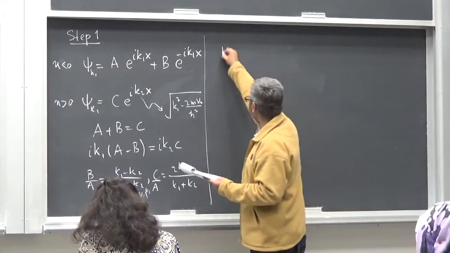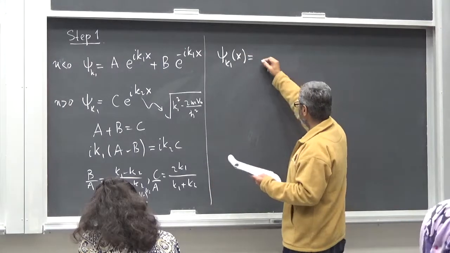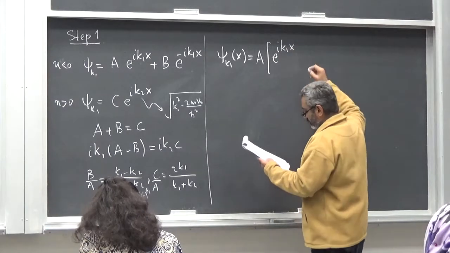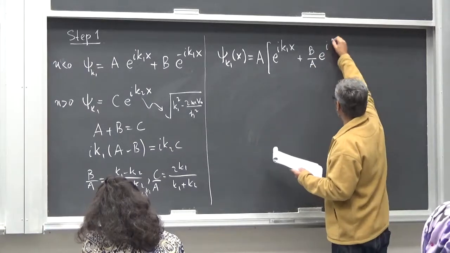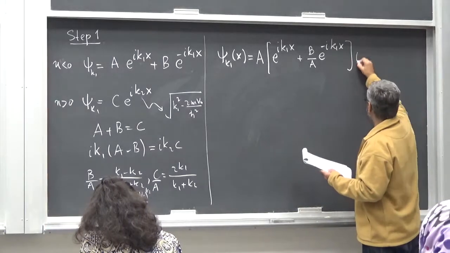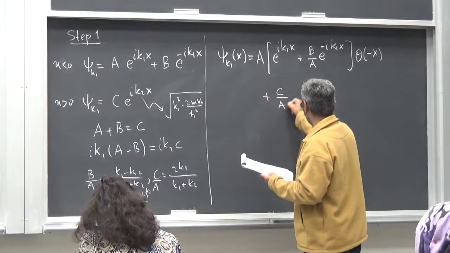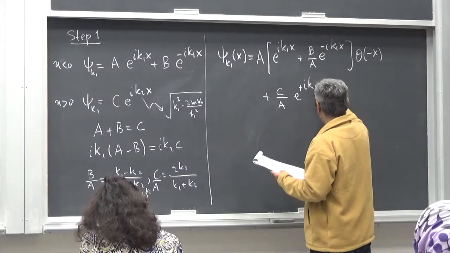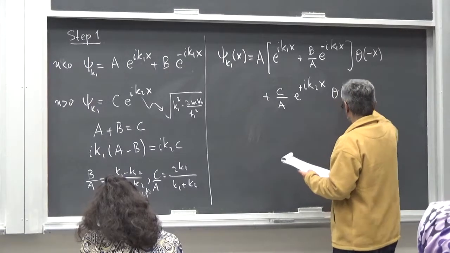So I can write psi of k1 of x like this: A e to the i k1 x plus B over A e to the minus i k1 x, times theta of minus x, plus C over A e to the i k2 x, times theta of x.